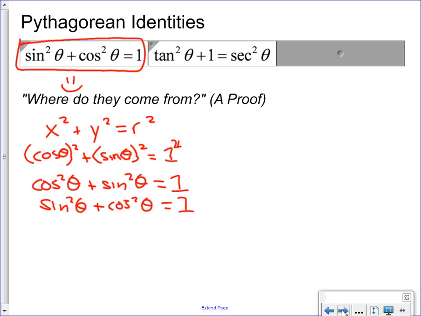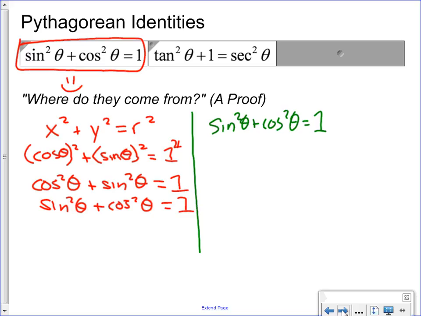So here's what happened. Secant is the reciprocal of what? Cosine. So let's take that original equation: sine squared plus cosine squared is equal to 1, right?